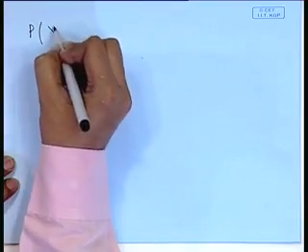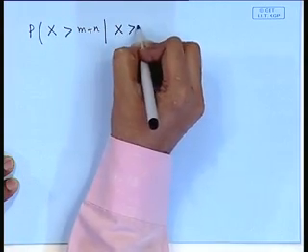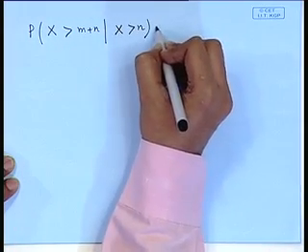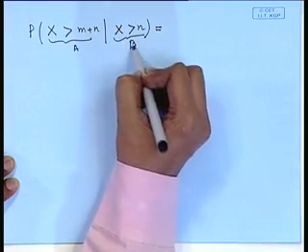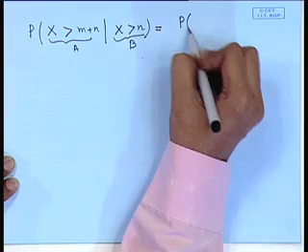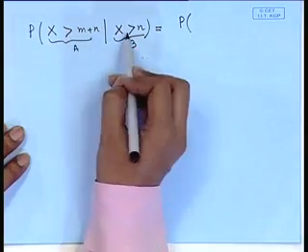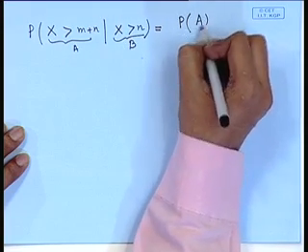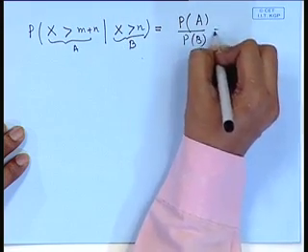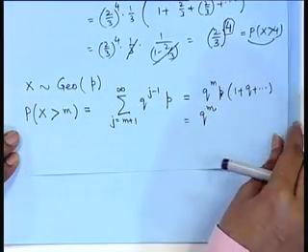Let us consider probability x greater than m plus n, given that x is greater than n. Suppose I consider this as event A, this as event B. So, this is conditional probability of A given B, it is equal to probability of A intersection B. Now, if you look at the sets A and B, then clearly A is a subset of B. So, this becomes probability of A divided by probability of B. Now, by the formula that we have developed just now, probability of x greater than m is of the form q^m.